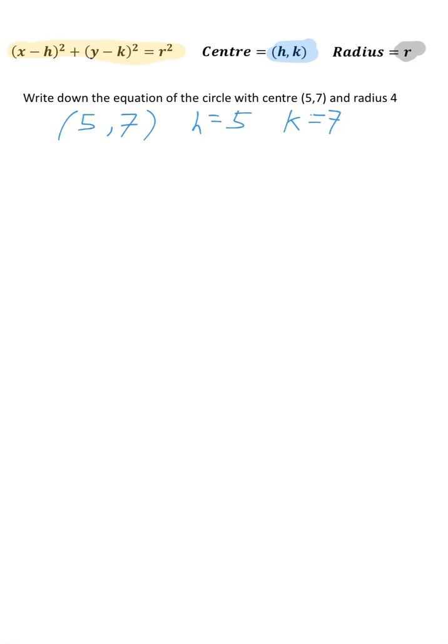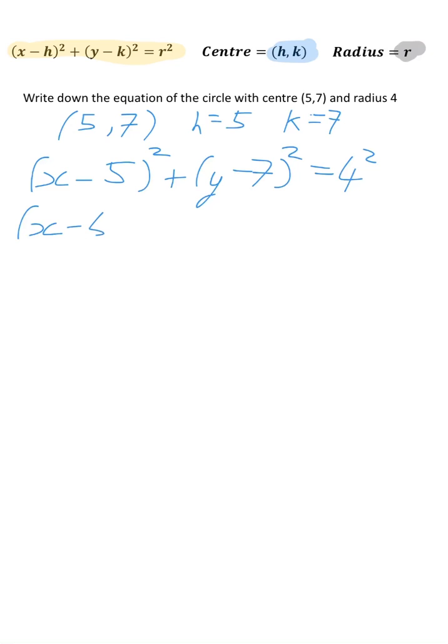Put this now into the equation of a circle formula. We'll have x minus 5 all squared plus y minus 7 all squared is equal to the radius squared, so 4 squared. The final answer then will be x minus 5 all squared plus y minus 7 all squared is equal to 16.